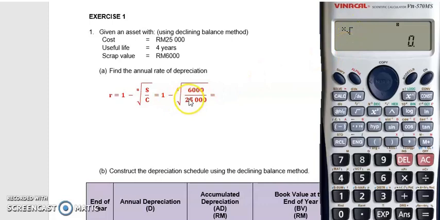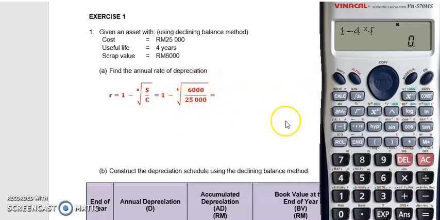Now look at how to calculate this value, the rate of depreciation. 1 minus, okay, the 4th root. Just now, x is outside of this sign, right? So you press 4 first, representing the value of x, and then press shift power. Then 6,000 divided by 25,000. Based on this formula, you need to divide this term first, then take the whole thing's 4th root.